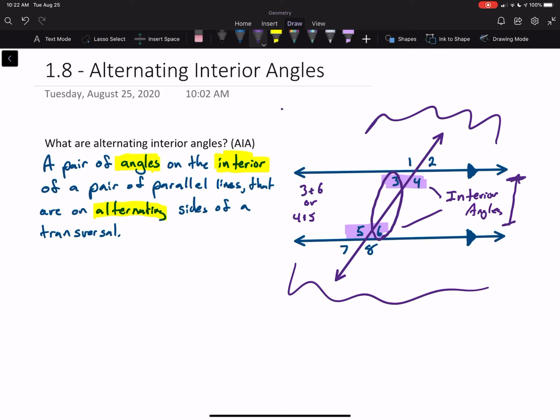What we need to know about those is that AIAs are congruent, which you'll sometimes see written with an equal sign with a little curvy line on top of it. They are congruent, meaning they have the same measure.